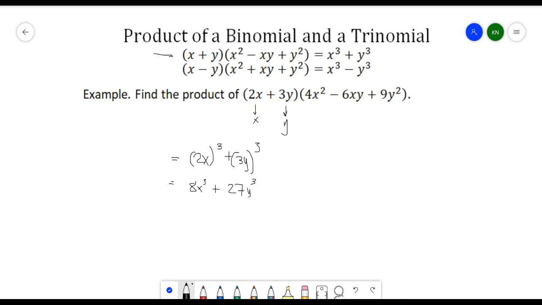So see there, it's really already easy if you would familiarize yourself with the special product formulas that we have. So this is already our final answer for this example.